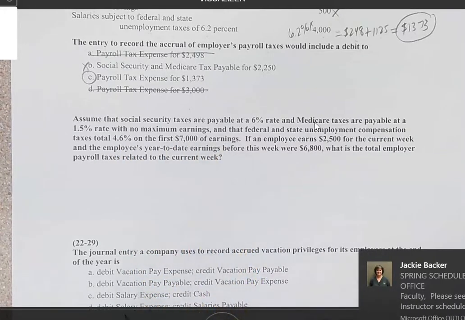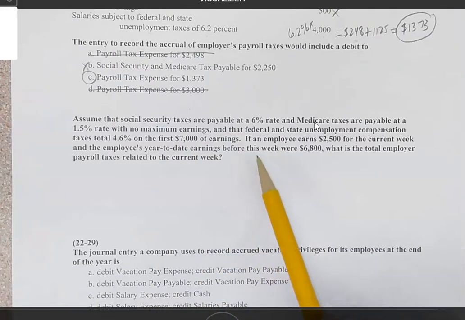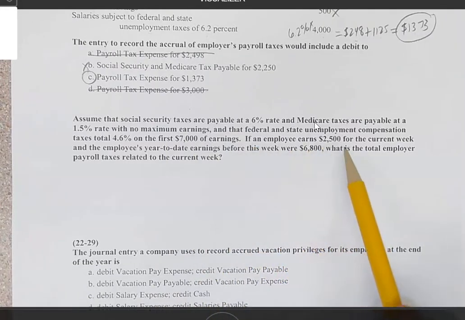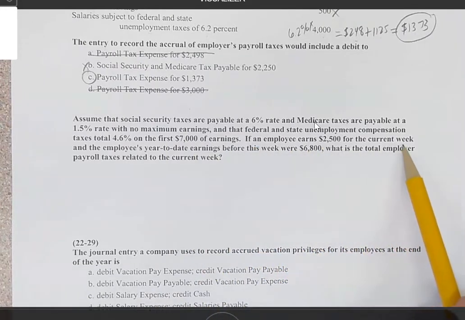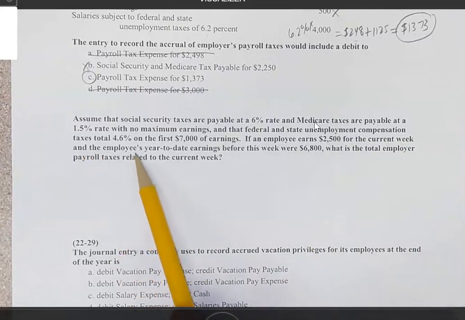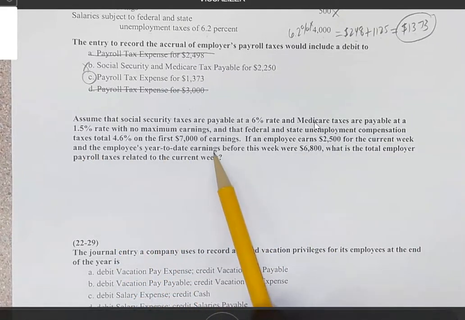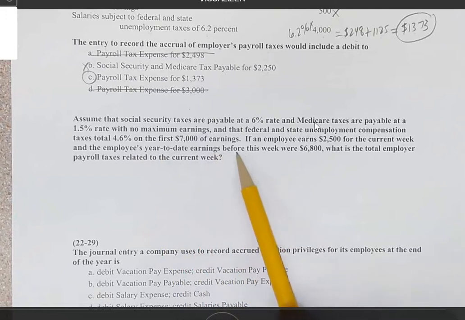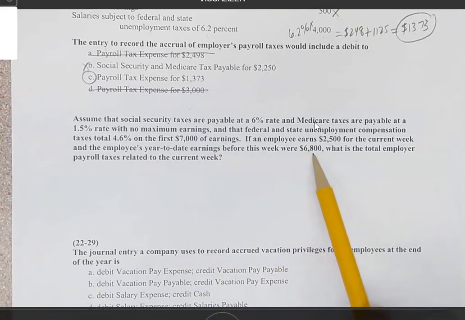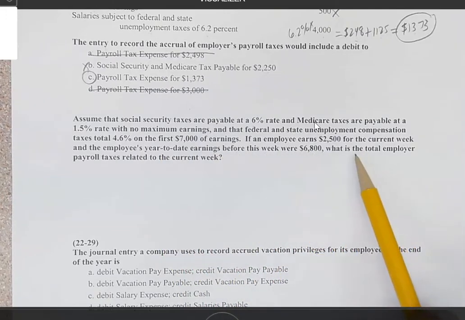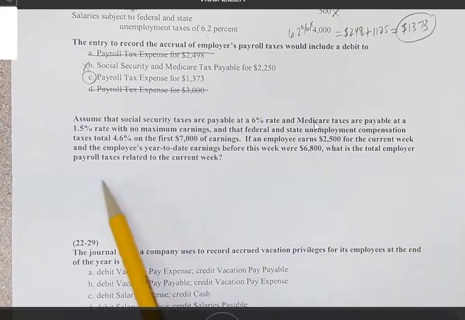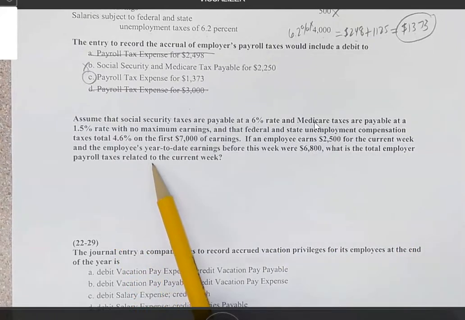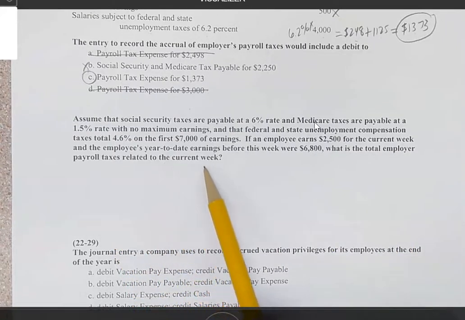If an employee earns $2,500 for the current week and the employee's year-to-date earnings before this week were $6,800, what is the total employer payroll taxes related to the current week?